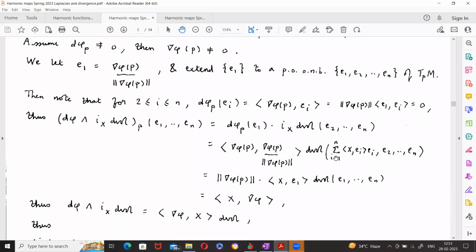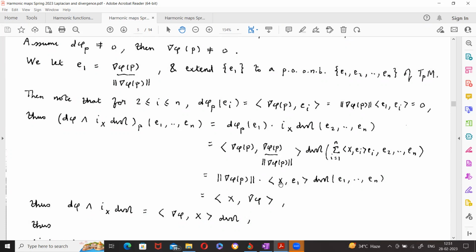So I'll only get the term when I is equal to 1, which is X inner product E1 times dvol E1 to En.